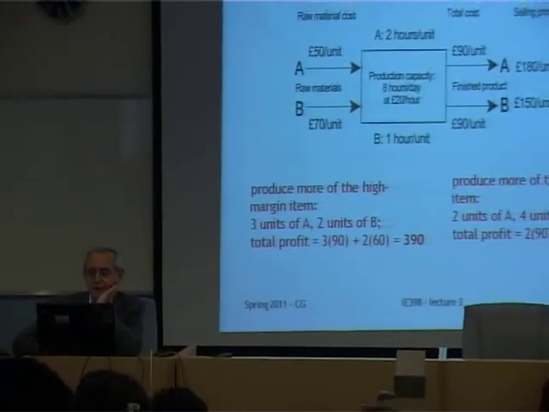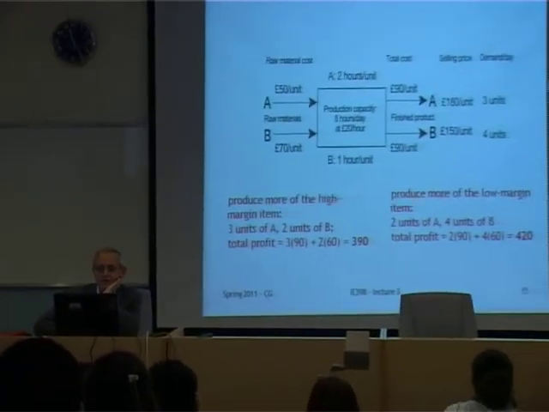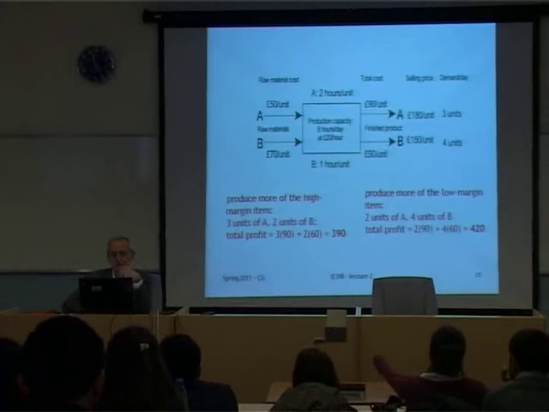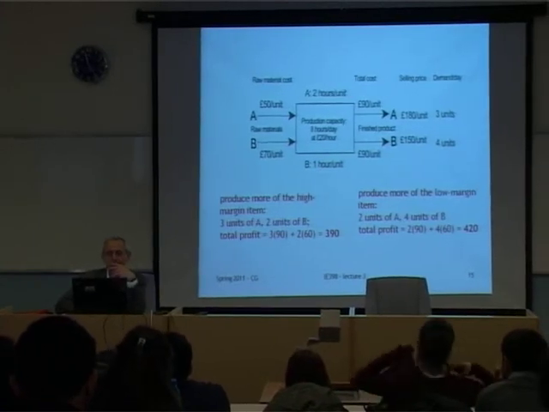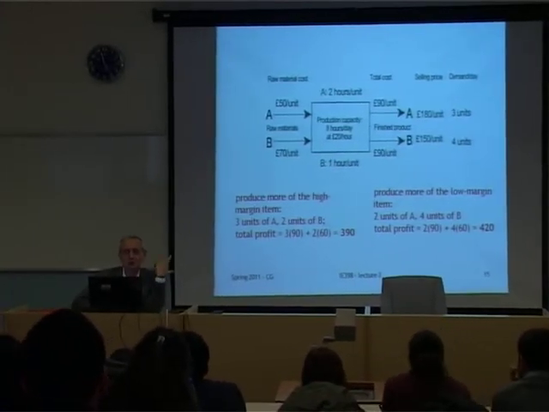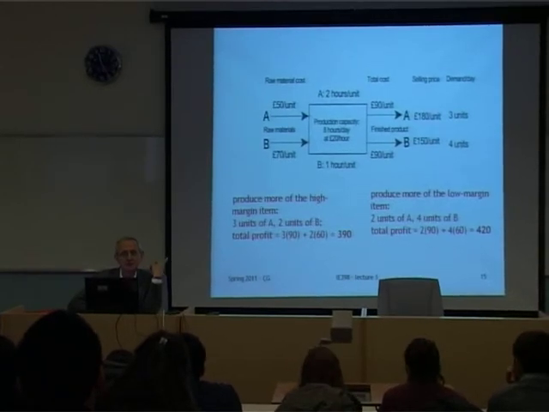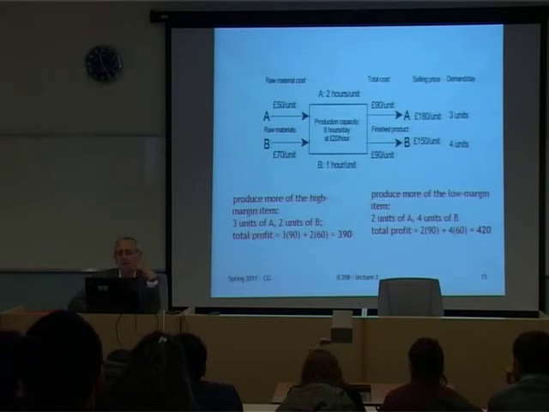Here is a numerical example provided in the textbook. It's very simple, but it's nice. Suppose that we use two raw materials, A and B, in a production facility and turn them into finished products, A and B, as you can see. The raw materials for product A cost 50 pounds per unit.